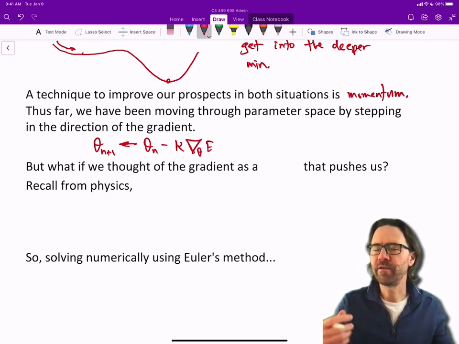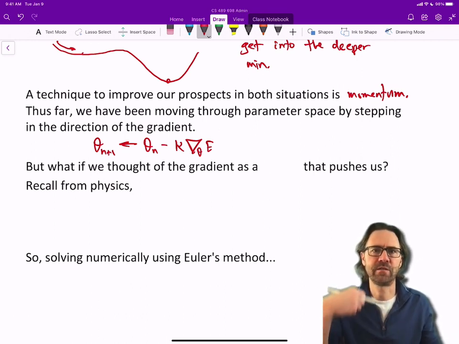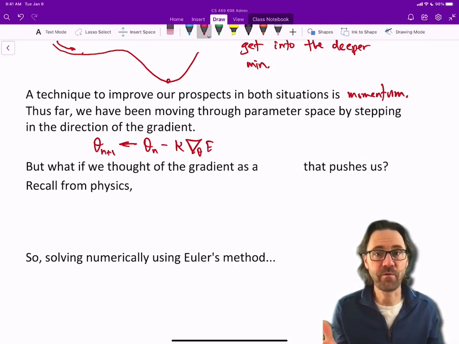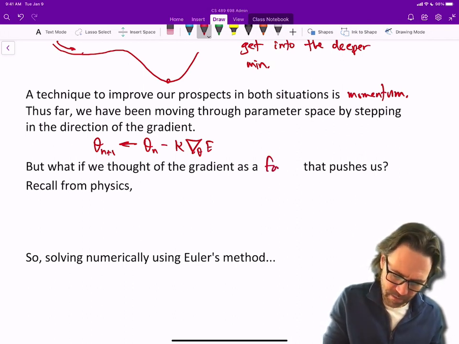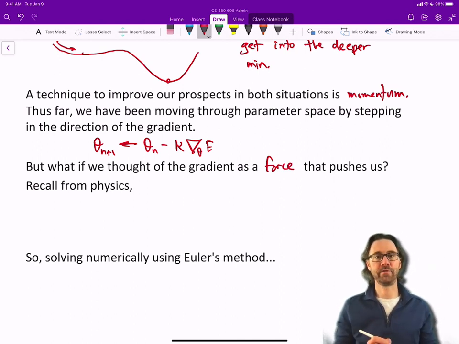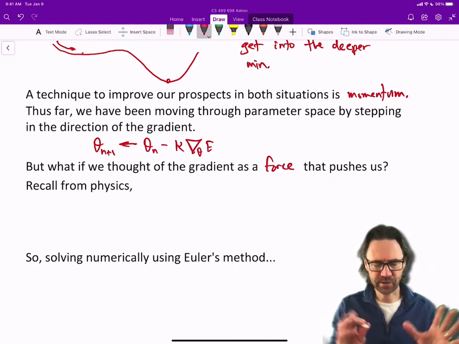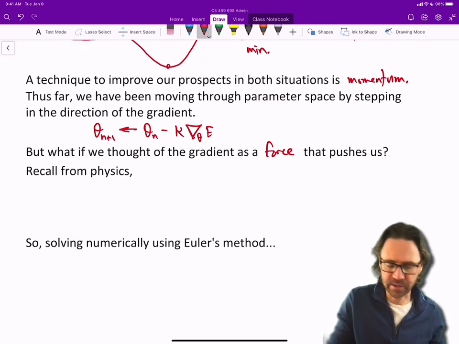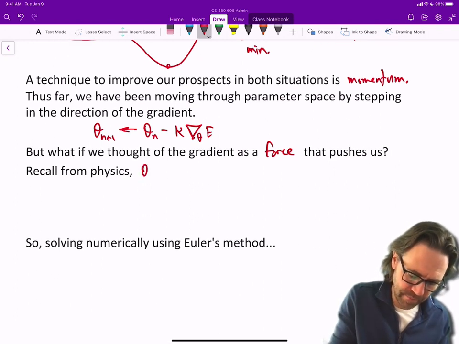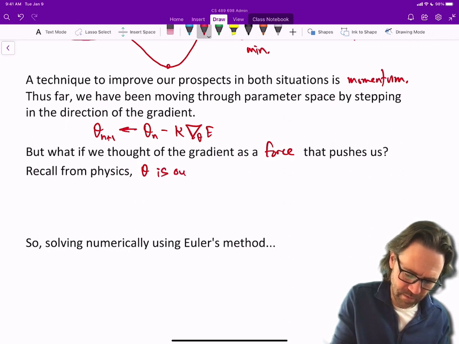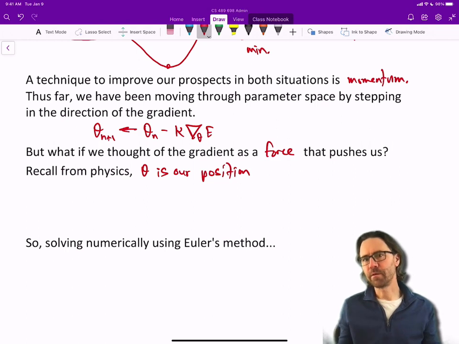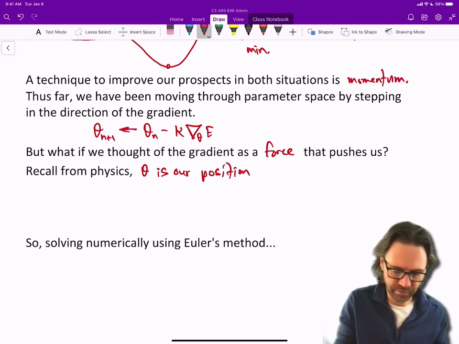But what if instead of our gradient being used as taking steps in particular directions, we thought of it as a force that pushes us around through parameter space? So let's do a little bit of physics. Recall from physics that if theta is our position, then we can start writing out what are actually differential equations.